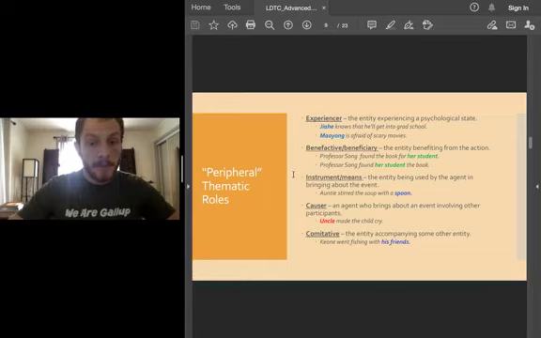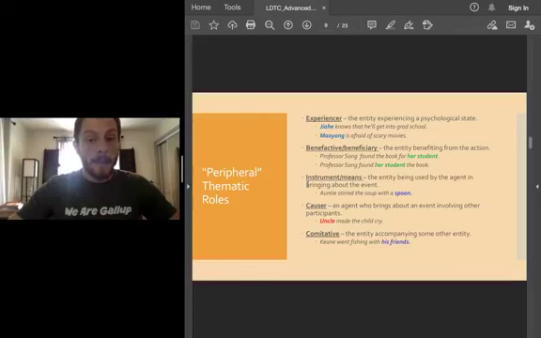Next is the instrument, or the means, the entity used by the agent in order to bring about the event. So for example, Auntie stirred the soup with a spoon. So the action of stirring was instigated with the instrument, a spoon. It is the tool that Auntie uses to stir the soup. A causer is a type of agent.